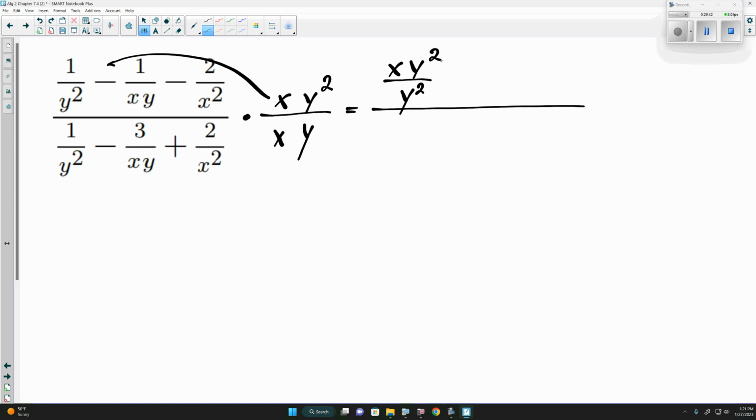If I square the y, so it'd be xy squared, those y squared over y squared will cancel, yes? Minus 1 times xy squared will give us xy squared over xy. So these here would cancel out completely, yes? X would cancel out, one of the y's would cancel out, so we're good here, yes? So we can say this cancels out with one of these, and this would cancel out completely.